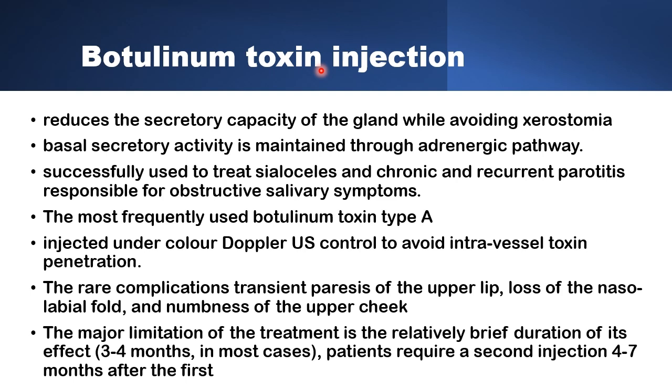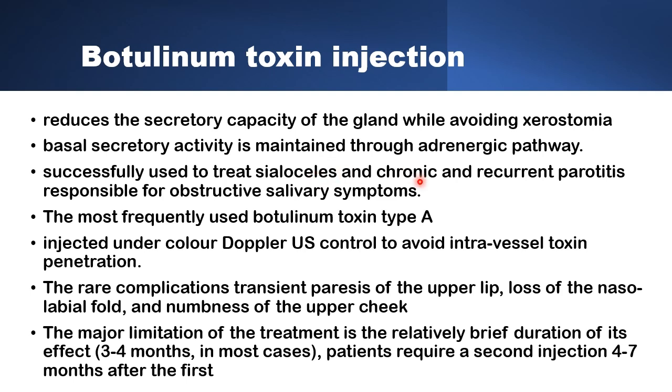It would reduce the secretory capacity of the gland while avoiding xerostomia, basically because the basal secretory activity of the gland is maintained through the adrenergic pathway of salivary secretion, and the Botox would only block the cholinergic pathway.